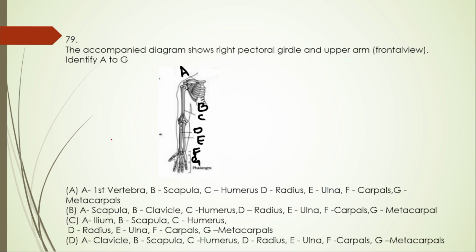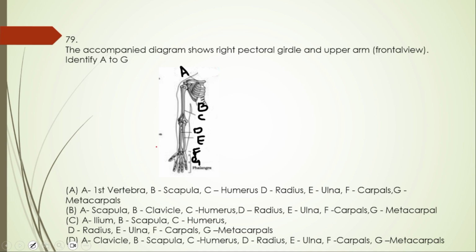Next one, this is the diagram. The 79th question: the accompanied diagram shows right pectoral girdle and upper arm, that is frontal view. Identify A to G. What is A? A is collarbone.